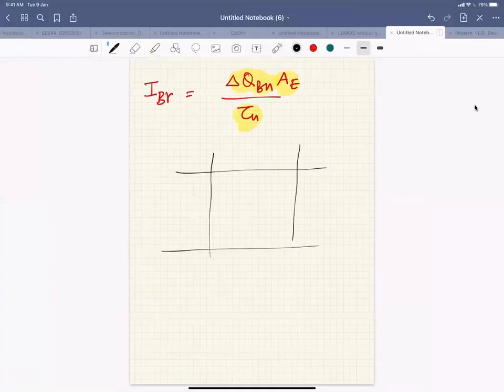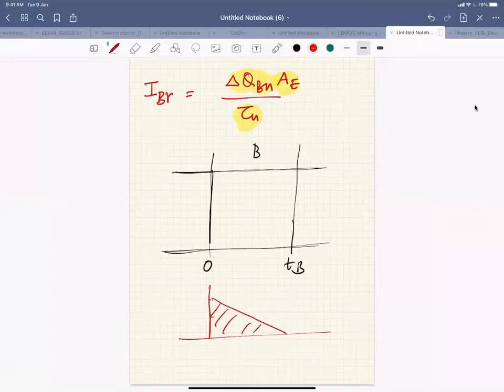Okay, we have calculated this, right? So basically you see, this is my 0, this is TB, this is my base, right? And we had calculated the area under this curve, right? Basically we have calculated the area under this part, right? But what is inside this screen? So I have this, right?